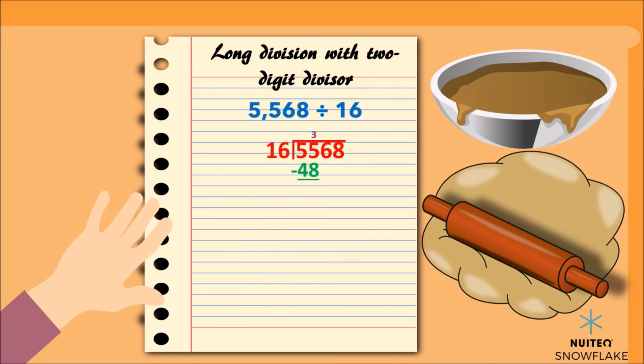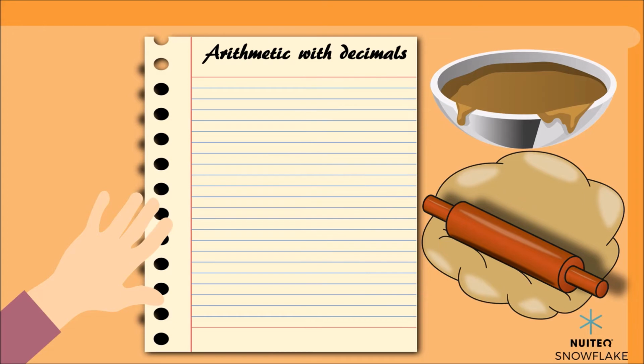If we subtract 55 and 48, the result is 7, and bring down the next number. Now, how many times does 16 go into 76? 4 times. Lastly, 16 goes into 128 exactly 8 times, and the division is over. Easy, right?